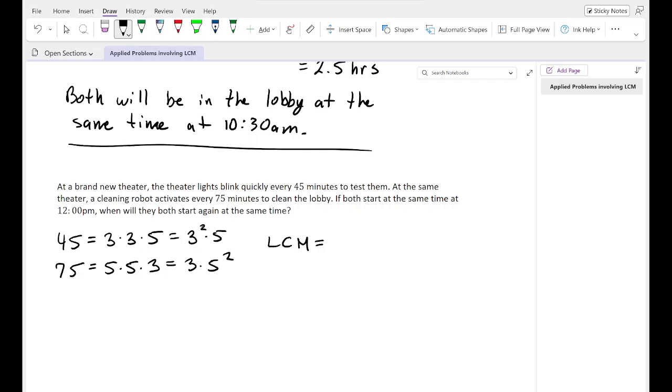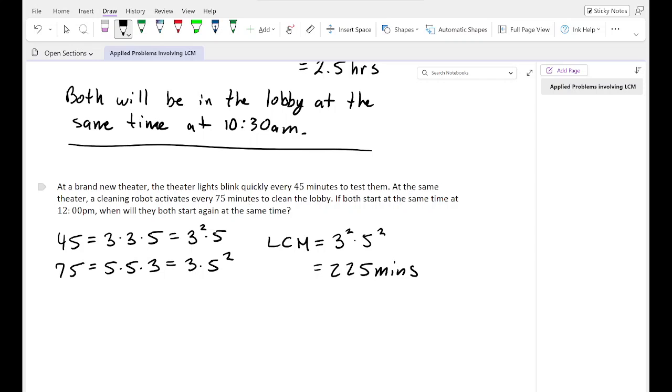So this one has 2 3s, this one has 1 3. I want the greatest amount, so 3 squared. This one has 1 5, this has 2 5s, so I want the greatest amount, so 5 squared. And when I do that, I'm going to end up getting 225 minutes.